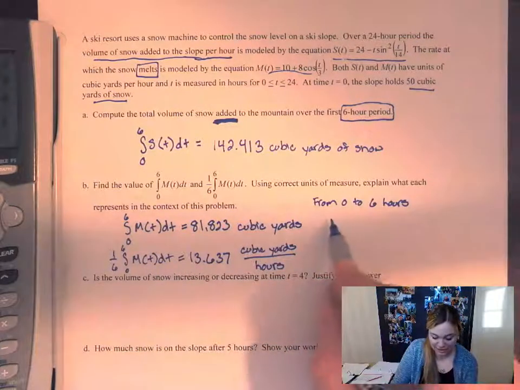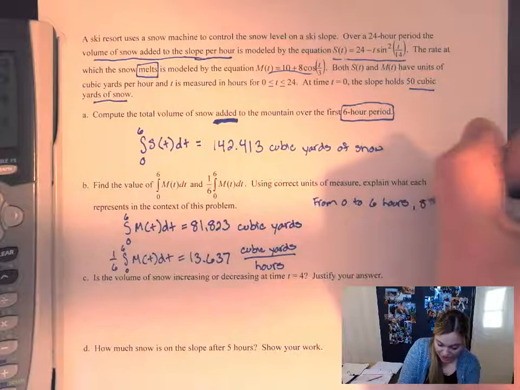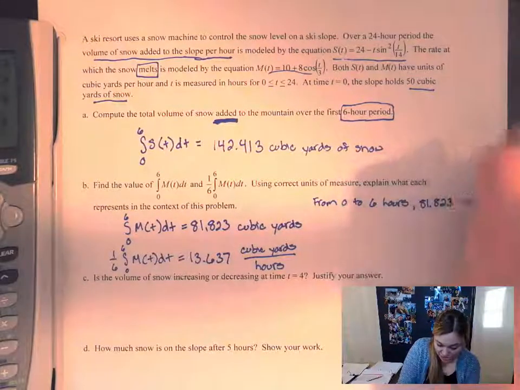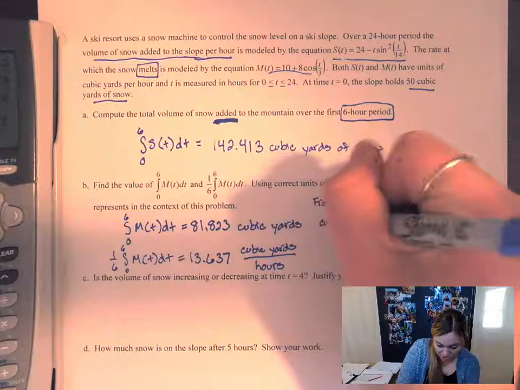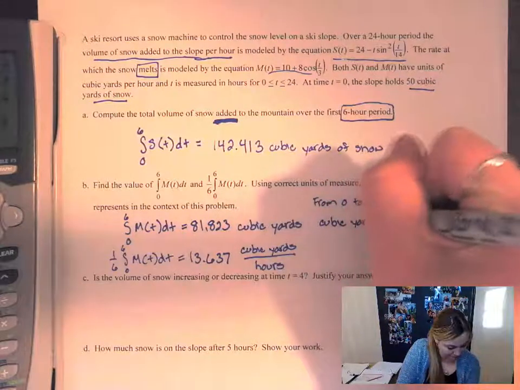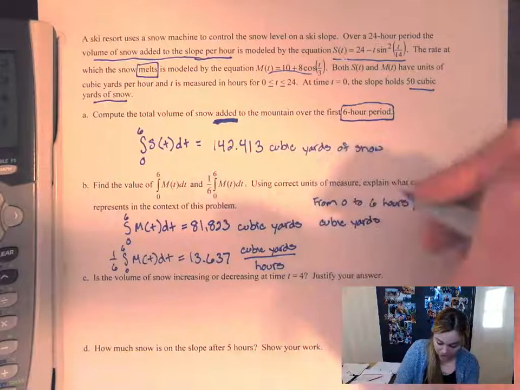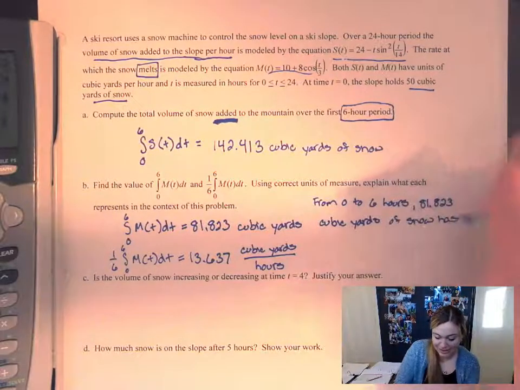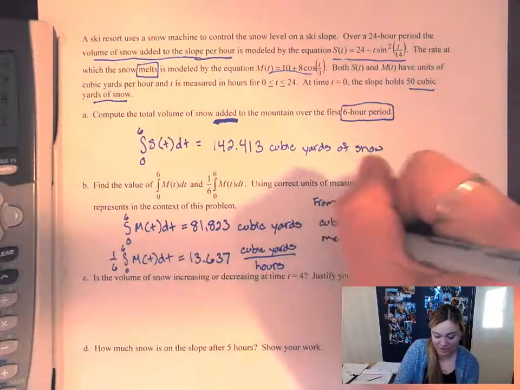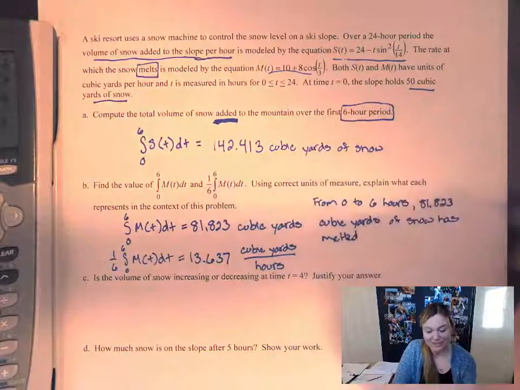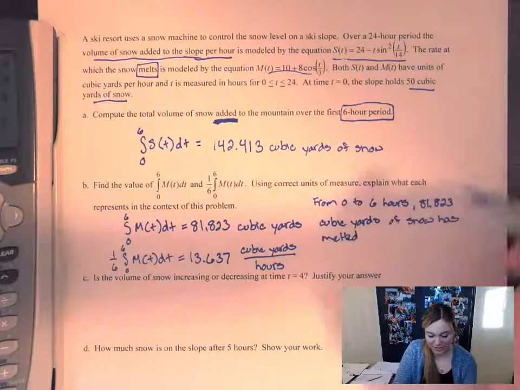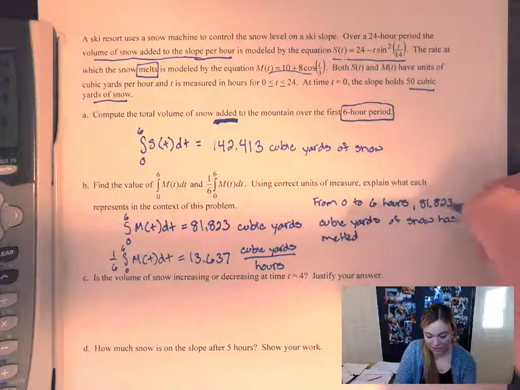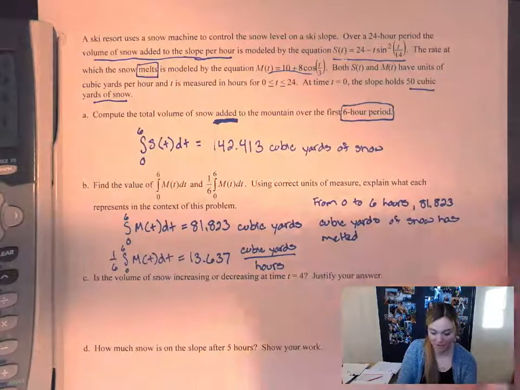So from 0 to 6 hours, 81.823 cubic yards of snow has melted. Or I could say it's the change in the melted snow from 0 to 6 hours, but that seems a little weird to say it that way. So I'm just saying from 0 to 6 hours, this much snow has melted.